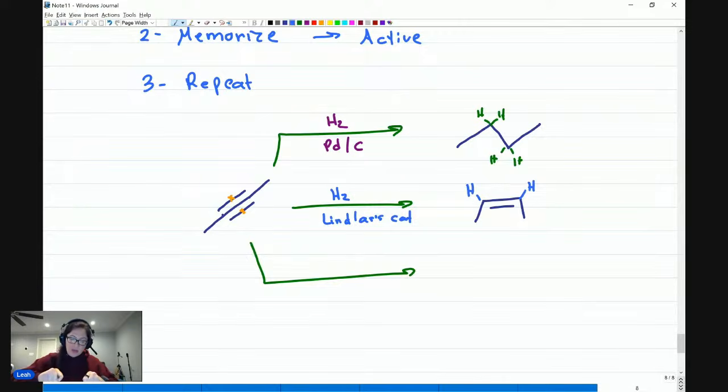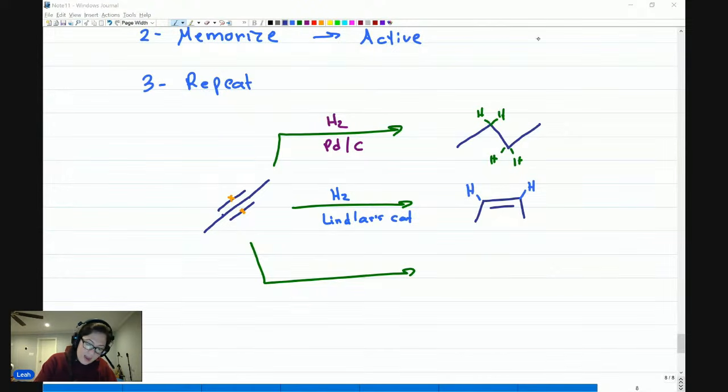It holds on to the carbons, it holds on to the entire molecule, and the hydrogens kind of slide in where the metal is holding it in place. That's in general how metal reduction works. But in this case, the Lindlar's catalyst is holding it in a way that only lets one hydrogen add per pi bond that is broken or per side. And that's why you stop at the cis alkene. So this is not memorize Lindlar's, I get cis. It's understand why the hydrogen slides in from the same side. Lindlar's doesn't let it go all the way.